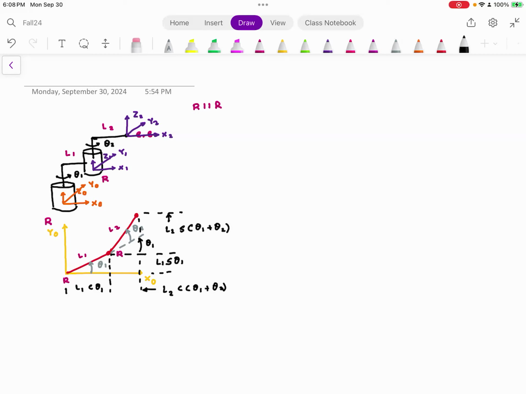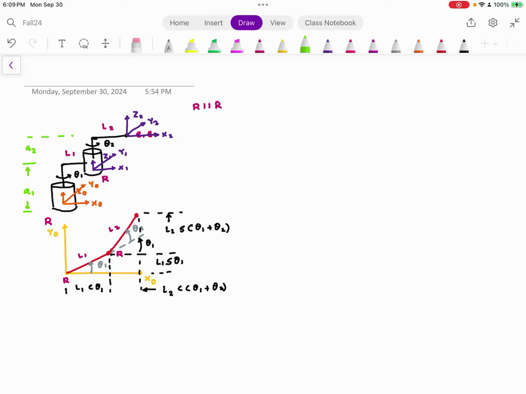Are you with me? So if I were to write the end effector position, the end effector position will always be written in terms of the inertial or the zeroth coordinate frame, which means the end effector position will be expressed with respect to X0, Y0, and Z0. So I'm going to write this down here. I'm going to call this A1 and I'm going to call this A2.